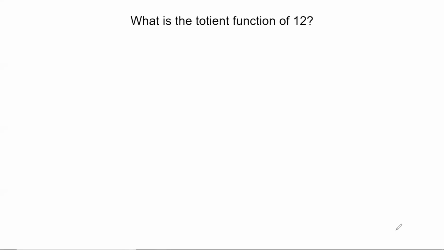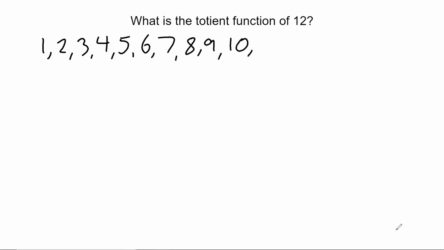Okay, so let's get started here. So I'm going to actually go through several ways of how to do this problem. First, we're going to list out all the numbers less than 12. So that's 1, 2, 3, 4, 5, 6, 7, 8, 9, 10, 11.